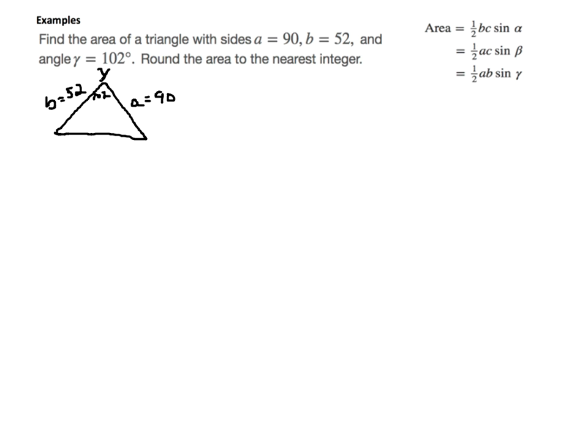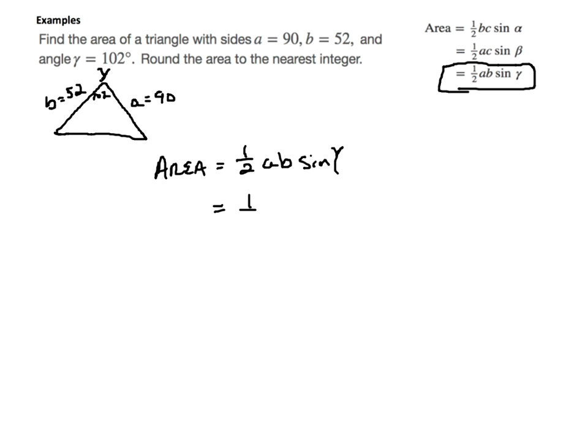So since we're given side B, side A, and angle gamma, we're going to use this version of it. So the area of this particular triangle, we're going to use 1/2 A times B times the sine of gamma. That is 1/2 times 90 times 52 times the sine of 102.